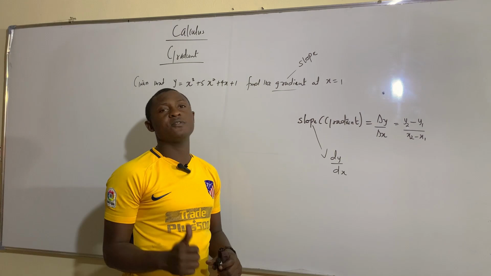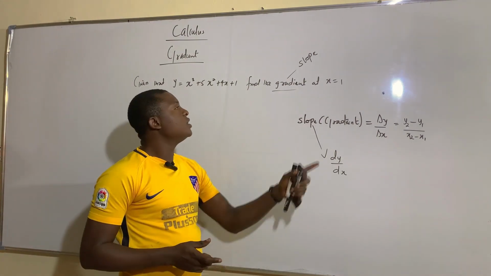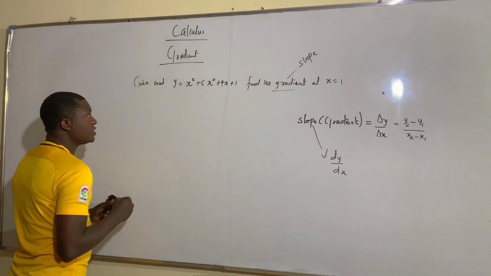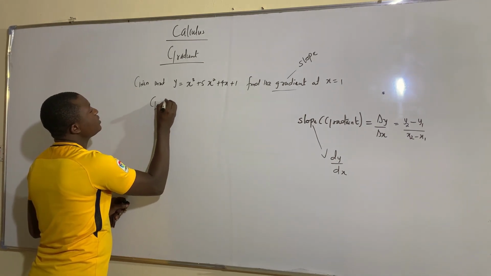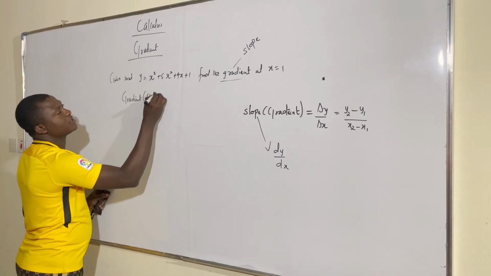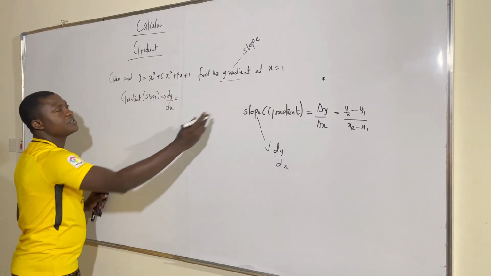In case you missed the previous example, when they say at x is equal to 1, it means that after we find the derivative, we should put the value of x to be 1. So the gradient, or slope, means we have to find dy/dx, just its derivative.